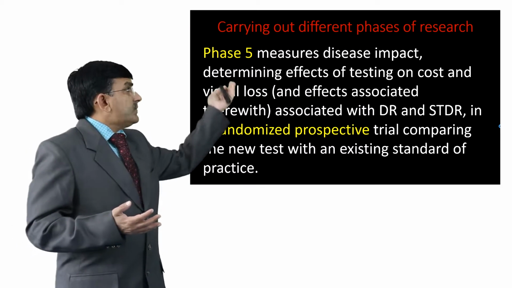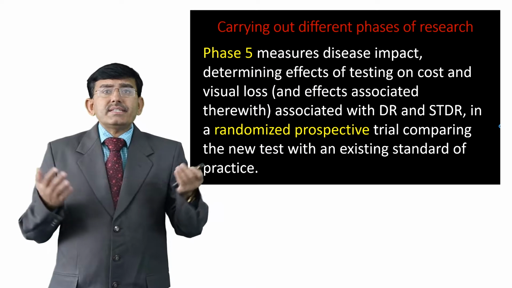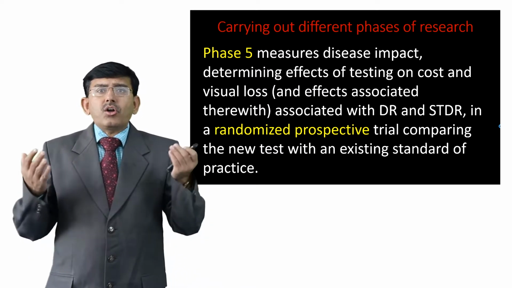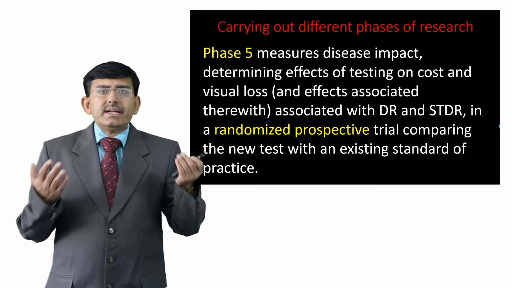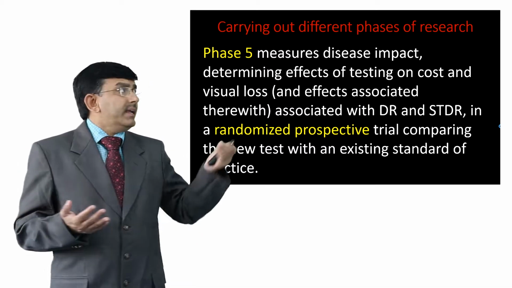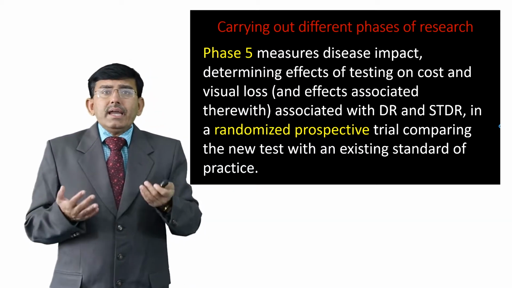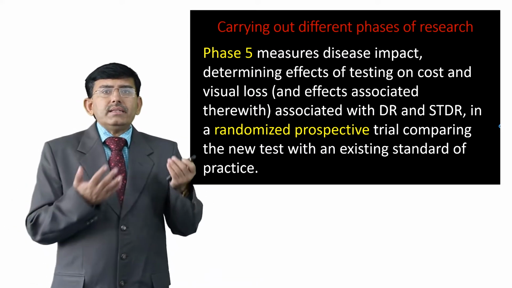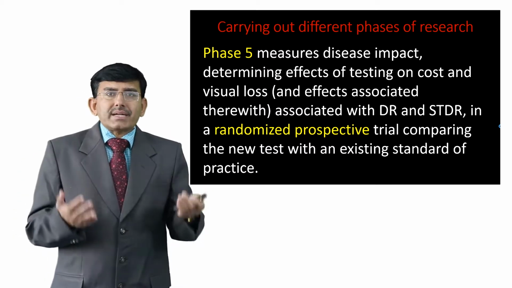In phase 5, we concentrate on measures of disease impact, which determine the effects of testing on cost and visual loss associated with diabetic retinopathy and STDR, in a randomized prospective trial comparing the new test with an existing standard of practice.